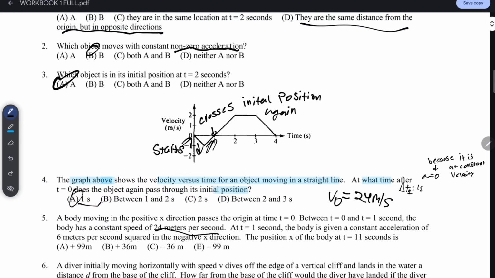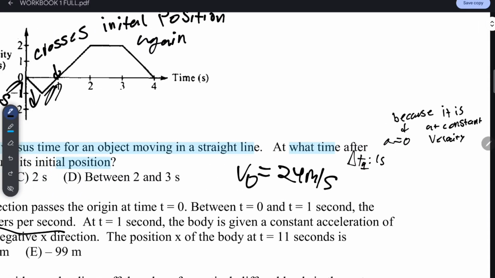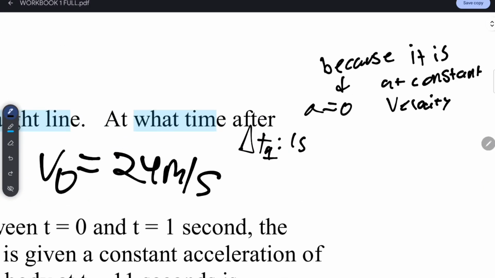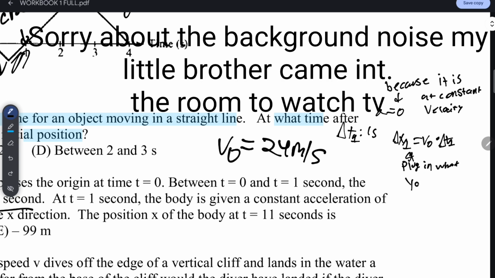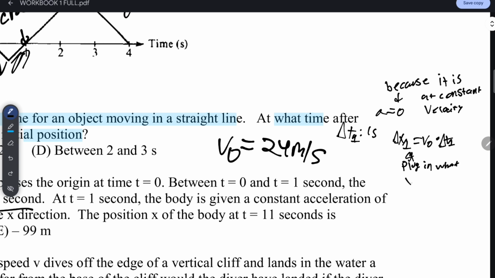So, moving on, since we can use the kinematic displacement equations, the equation would be delta x1 is equal to v0 times delta t1, and then we can plug in what we know.